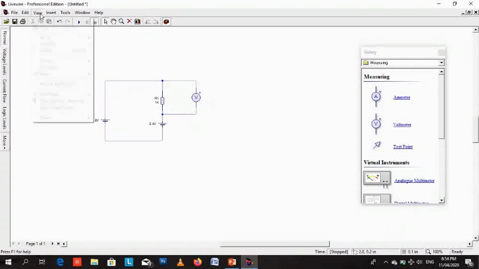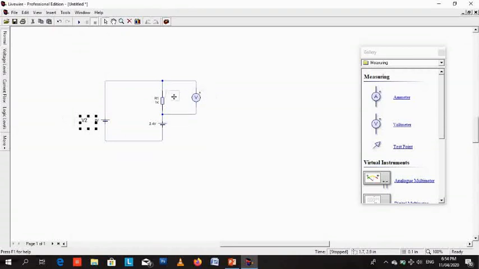Let's insert the text box, do some labeling. The first battery, or the first DC voltage source, let's label it V2. Place it beside the battery or the DC voltage source, and copy and paste.